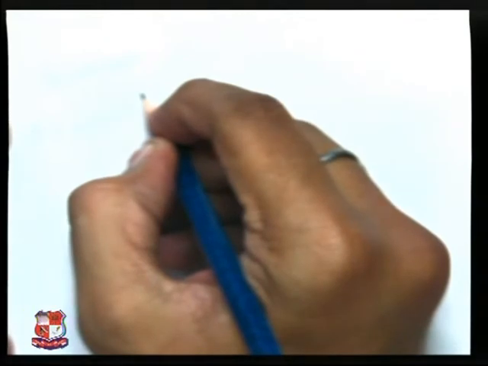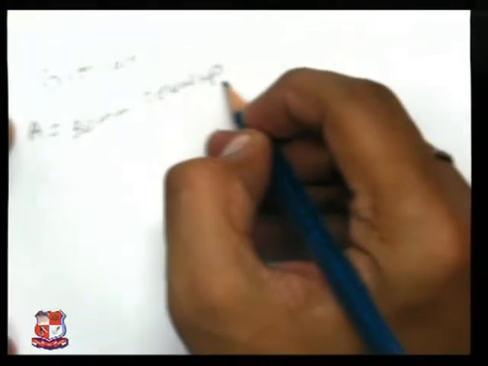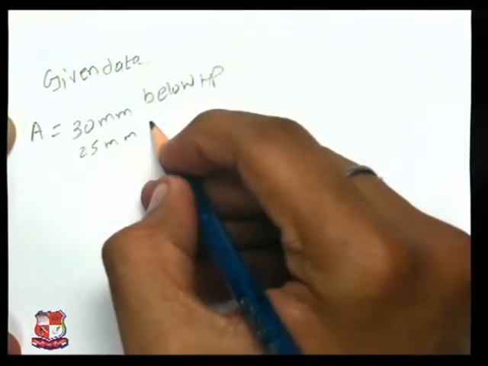A is equal to 30 mm below HP, mm behind VP.